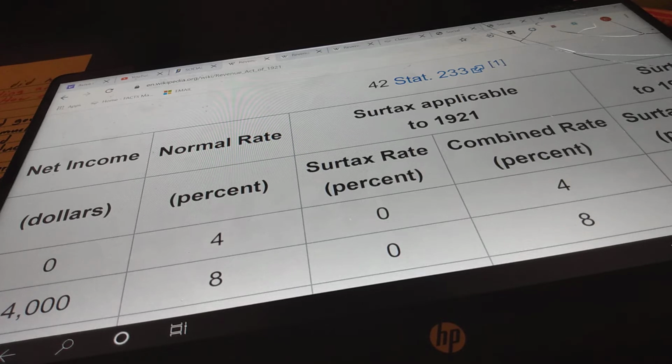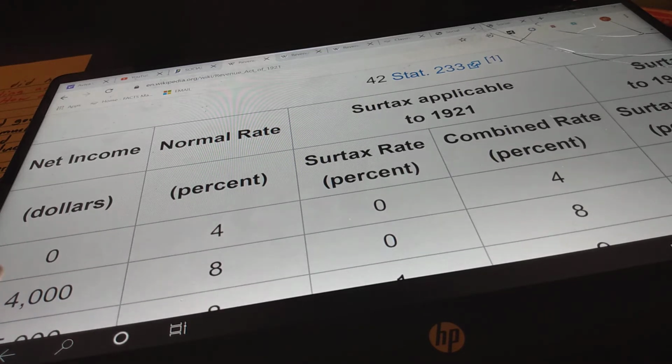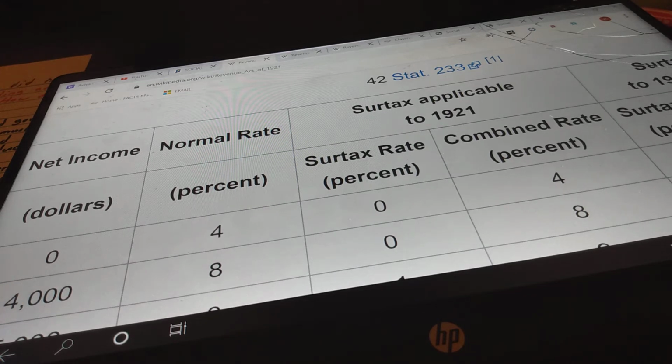Let's say, for example, somebody in 1921 makes $4,000 in a year. That doesn't seem like much today, but back then $4,000 was a pretty good amount of money to work. It wasn't a lot of money, but it was a decent amount. So somebody earned $4,000.